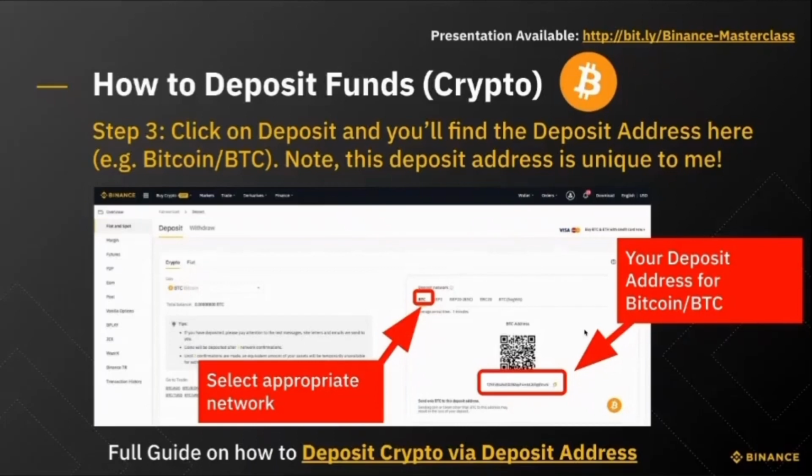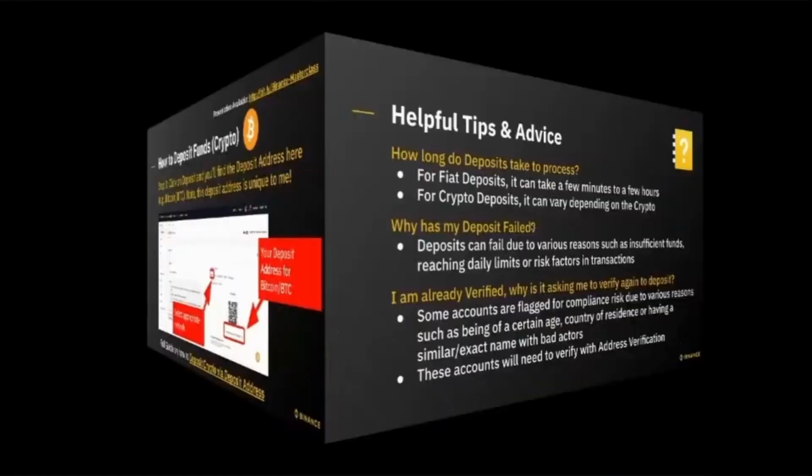You have to do this process for your own wallet because your deposit address will be different to my deposit address. I've provided a full guide on how to deposit crypto via deposit address below. You can click on that and it'll give you a more in-depth, step-by-step guide, and also show a video on how to deposit funds to your Binance account.